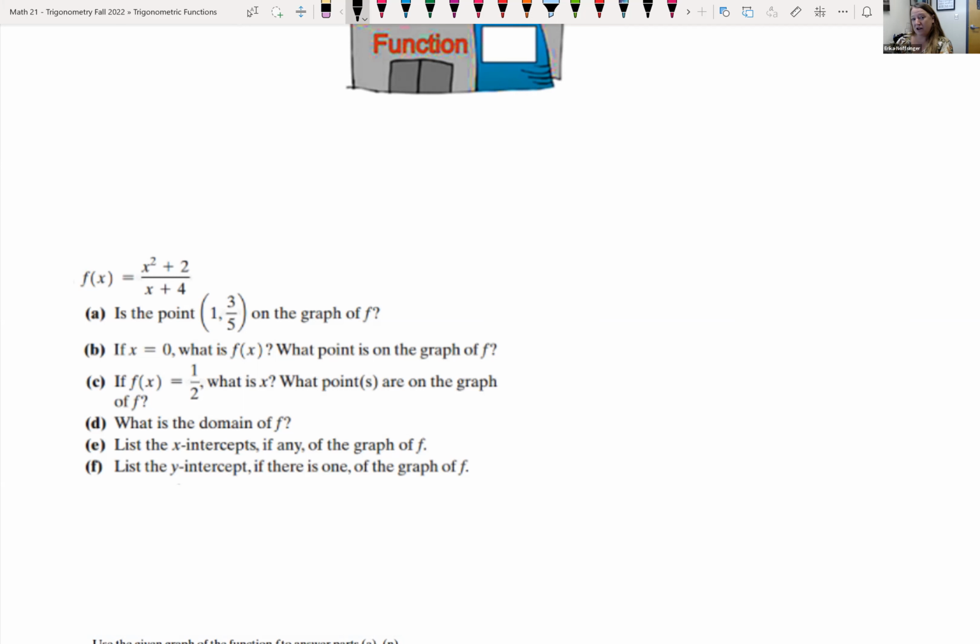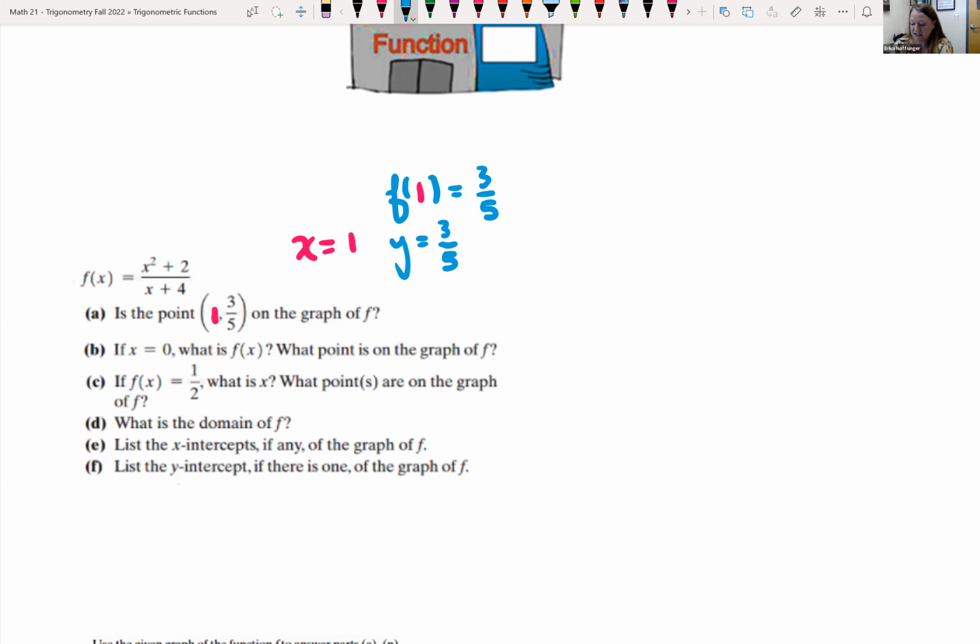If you plug in those values, in this case x equal to 1 and y equal to 3/5, or f of 1 equal to 3/5, another way to write that, meaning the same thing, and we plug those values in for x and y, we're going to get back a true statement. If we don't get back a true statement, then that's not a point on our graph.